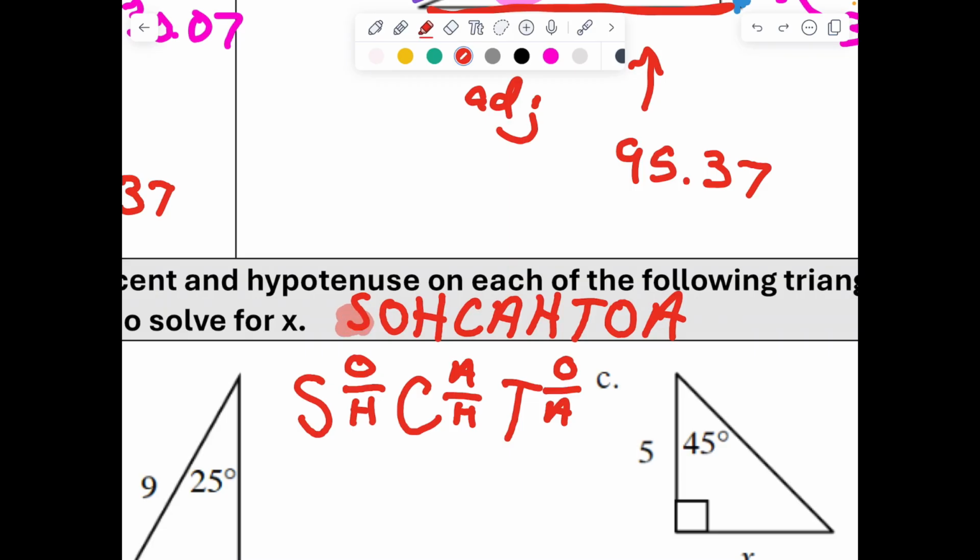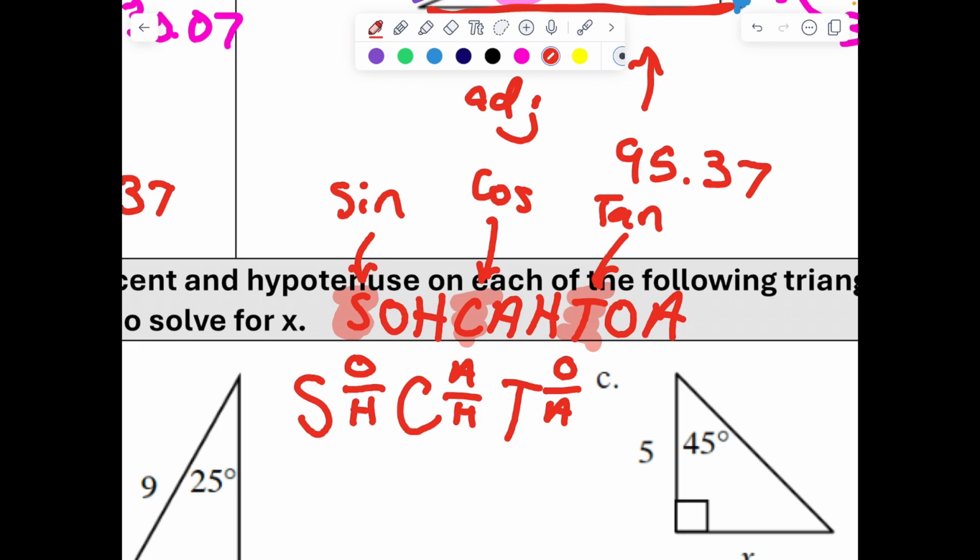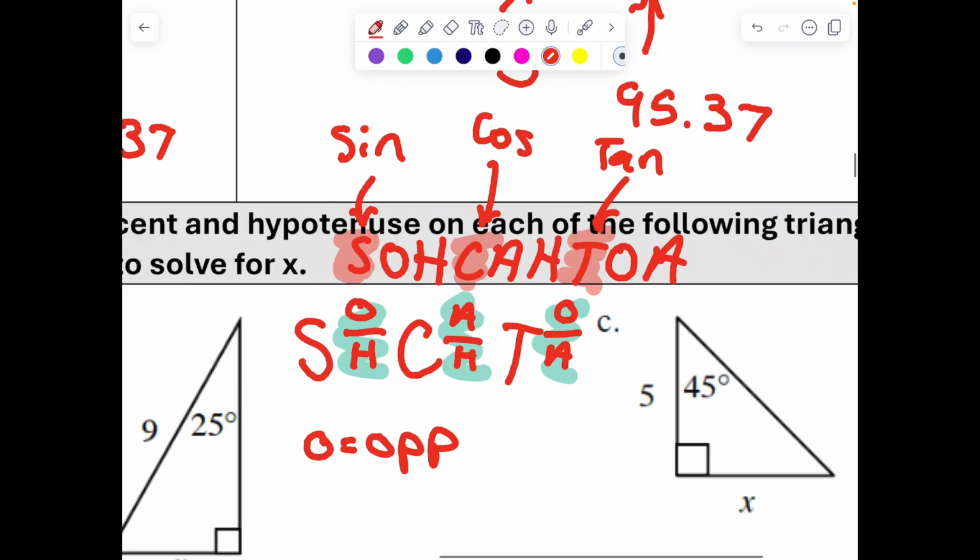The S, the C, and the T stand for sine, cosine, and tangent. Then everything else, the O and the H, the A and the H, and the O and the A: the O stands for opposite side, the H stands for the hypotenuse, and the A stands for the adjacent.